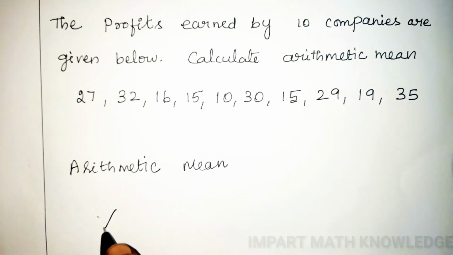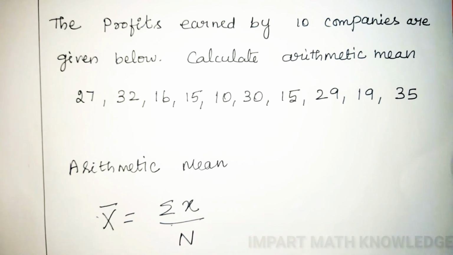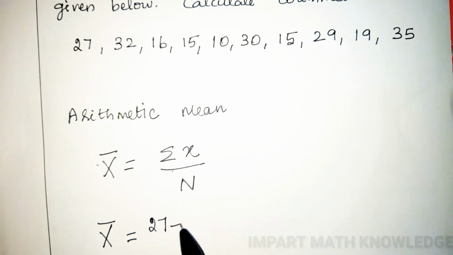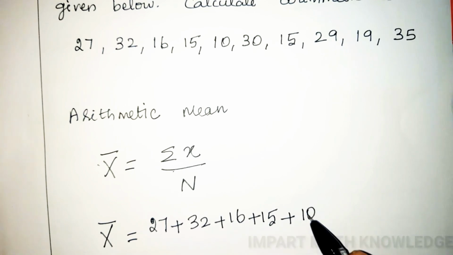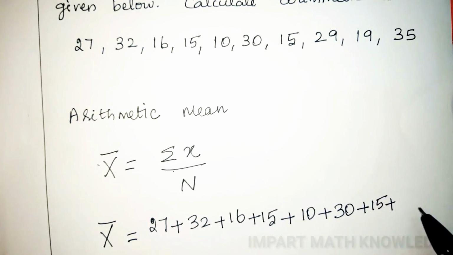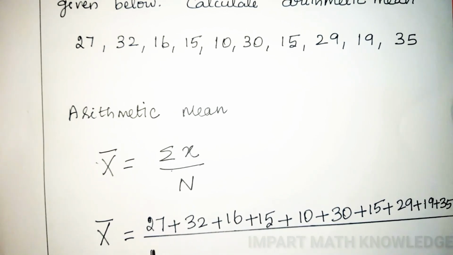The values are 27 plus 32 plus 16 plus 15 plus 10 plus 30 plus 15 plus 29 plus 19 plus 35. N is equal to the number of items, that is 10.